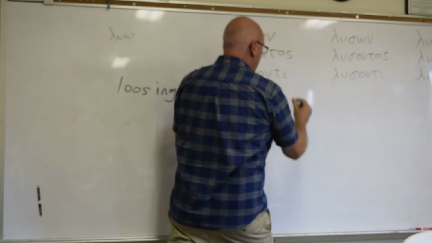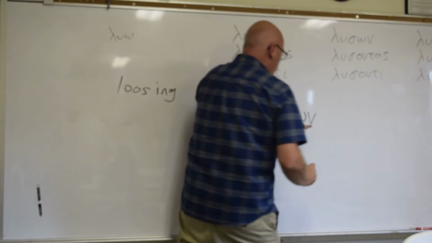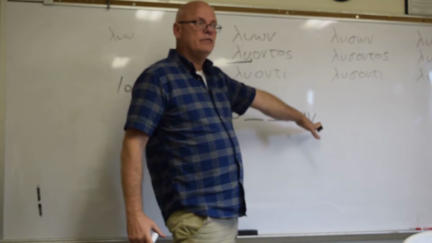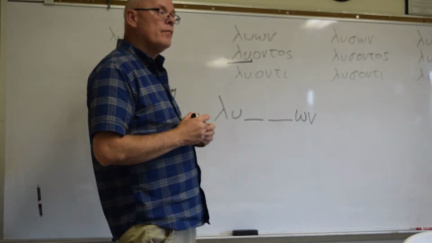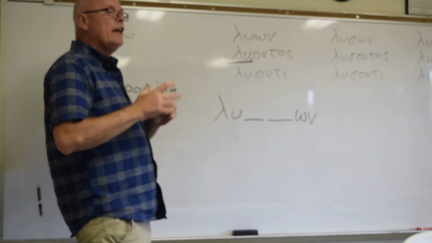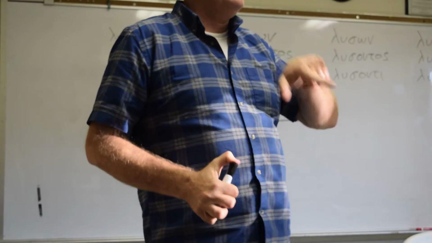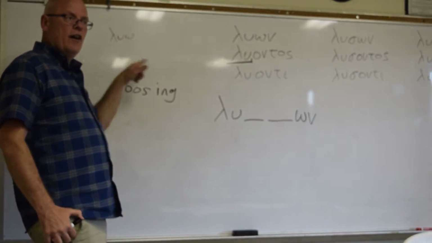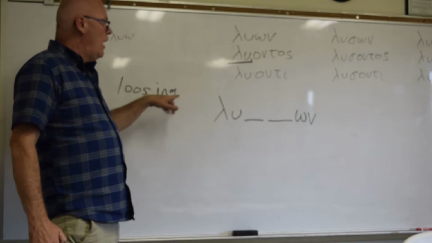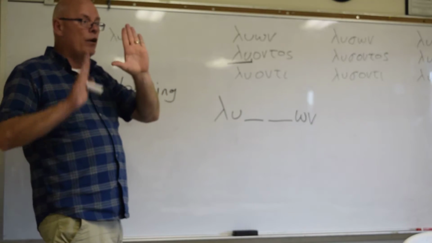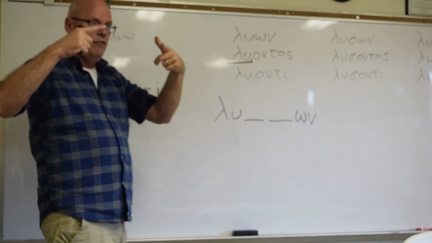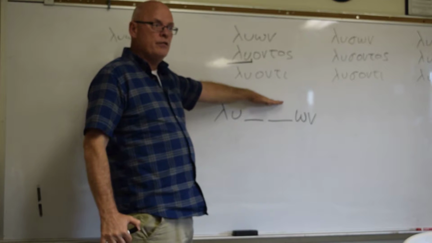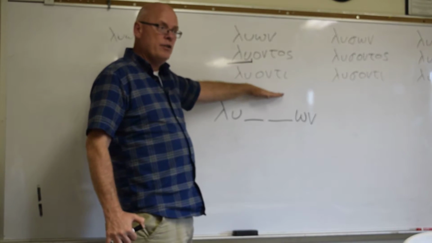Then we have an ending, where we use the IME participle endings. Of loosing. We're not going to get into translating until later, because that will get us confused. I was just letting you know that this is the way participles work, they're ing words. I just want to work with what a present active participle looks like.